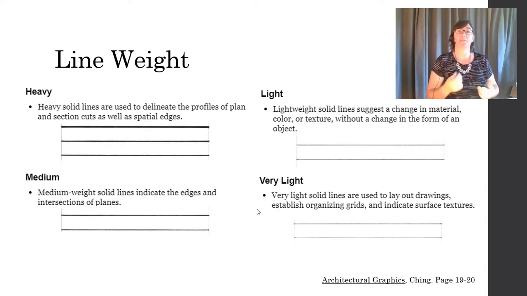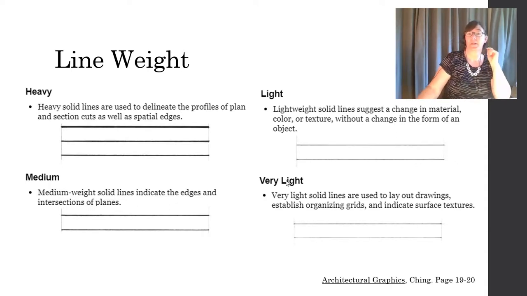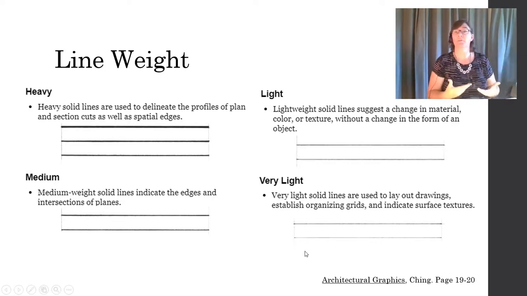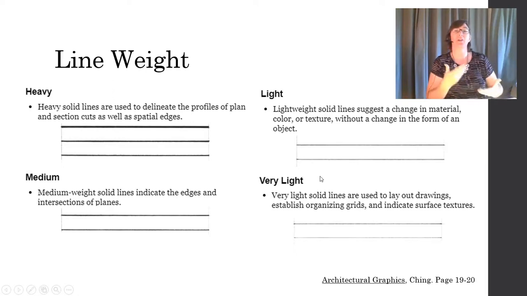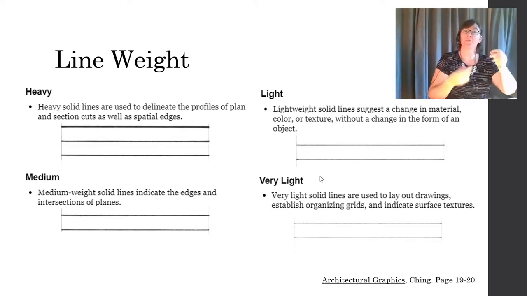Here's an example of some different line weights. Starting kind of at the bottom here, we have very light lines, to lay out your drawings, organizing grids. You might use them for some surface textures and especially for some guidelines. Light lines right here are used for maybe a change in material or color, but not a contour or an edge of the actual item.